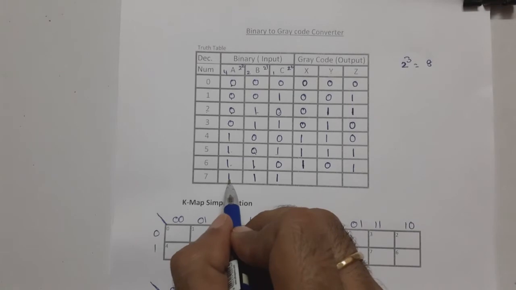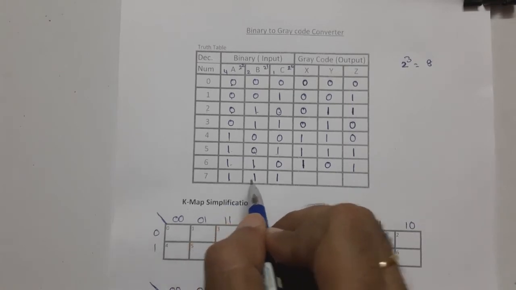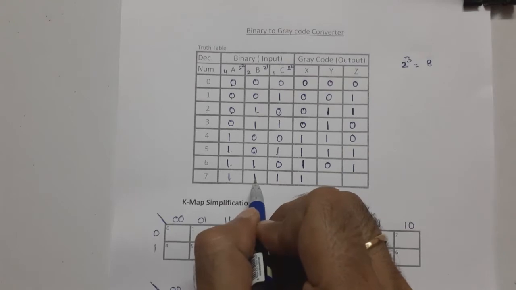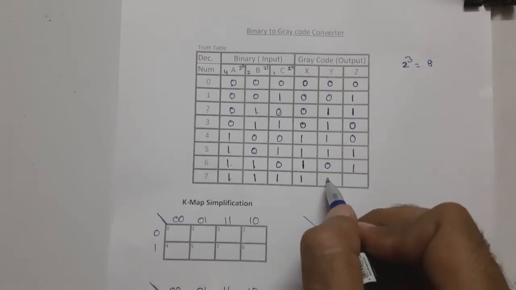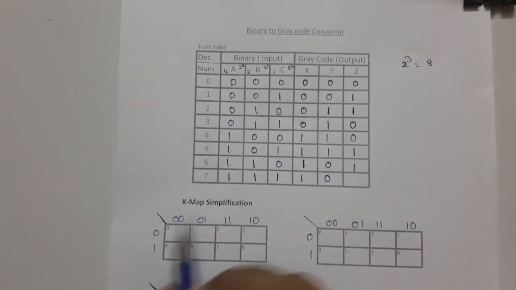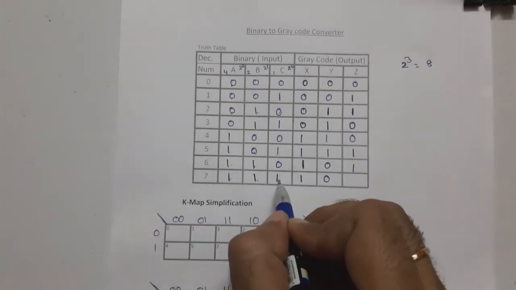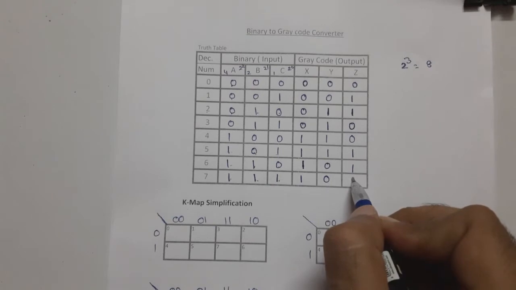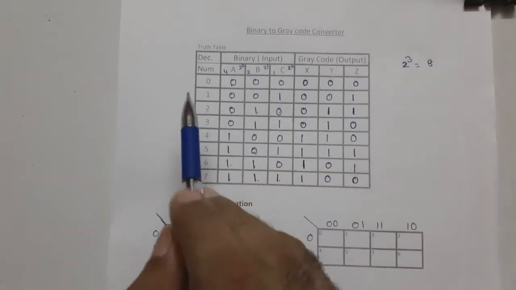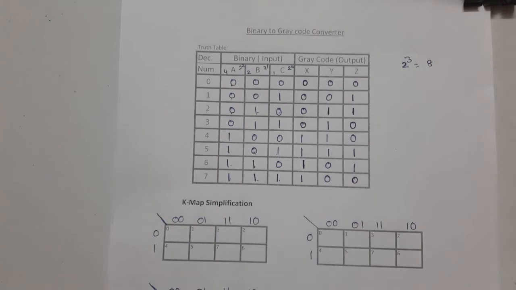And for the last one, MSB is 1, 1 plus 1 it is 1, 0, and ignore this carry and write 0, and here again it is 1, 0, ignoring this carry, and this is 0. Now this is the truth table to convert a binary to gray.